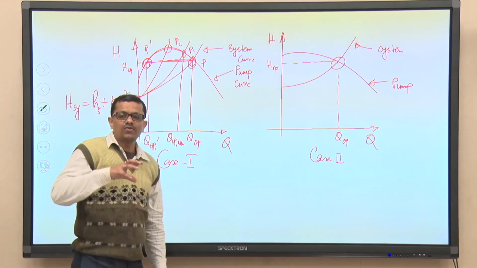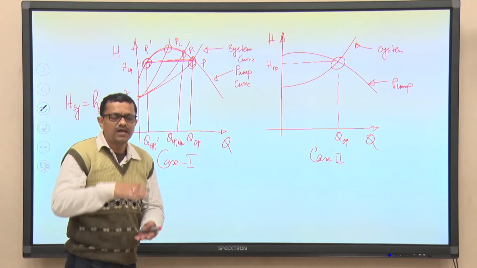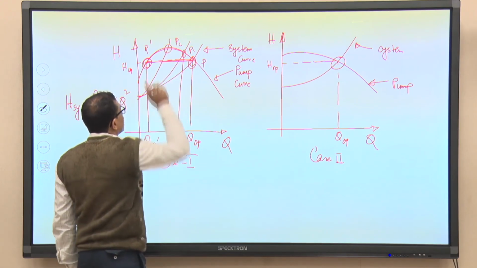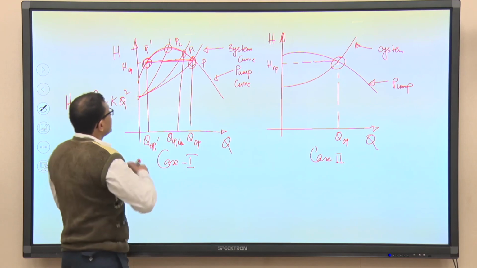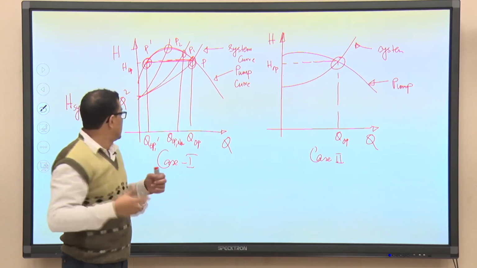Maybe the operator wanted to keep the needle at that location, but because of the malfunctioning of the valve the needle has pressed a little more, and as a result the new operating point comes to P2. If it comes to P2, then the pump will always try to run at low discharge.